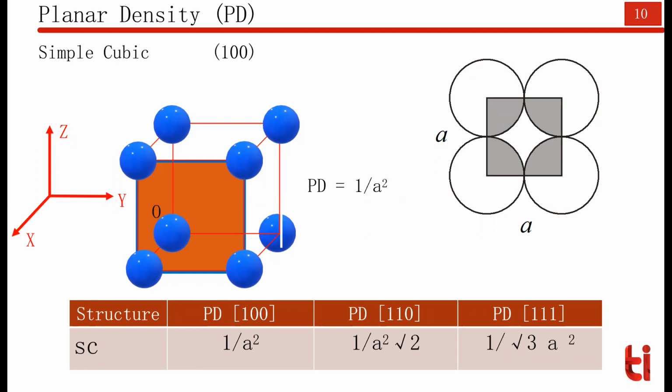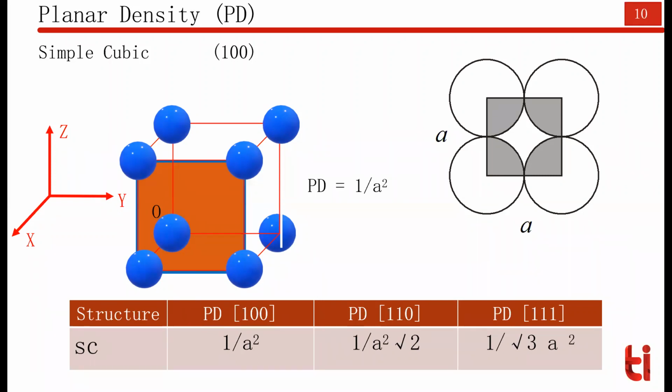Apart from that, you can also practice yourself for more complicated planes like 200, 211, 222, and many more. You will see that your answer does not change. Why? Because the fundamental idea is that 100 and 200 planes are parallel, and whenever you have parallel planes, they generally contain an equal number of atoms.